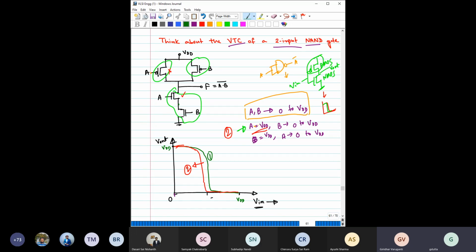But let us not go into those details right now. Let us only understand this part, that compared to case 1, the VTC for case 2 or case 3 would be different, right?